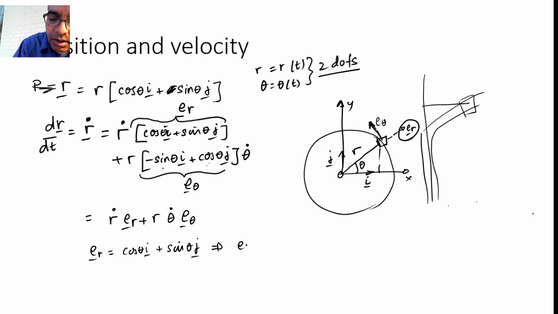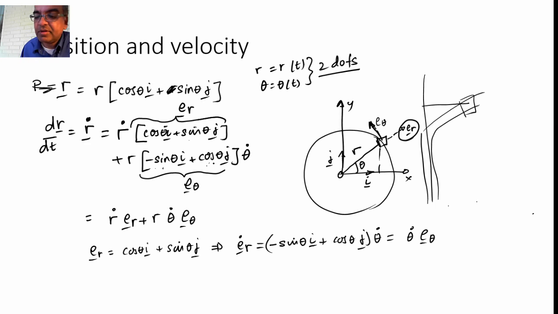So e_r dot will be equal to minus sin theta i plus cos theta j, times theta dot, which is equal to theta dot e theta. Can you see that? Because e theta is that minus sin theta i plus cos theta j.